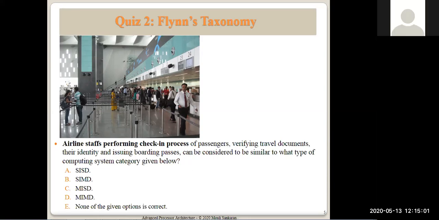B. But there are some answers showing C and D. Can you change? You can change it if you really understand it. Otherwise, you can still say you are thinking it is something else. So SIMD is the right answer.